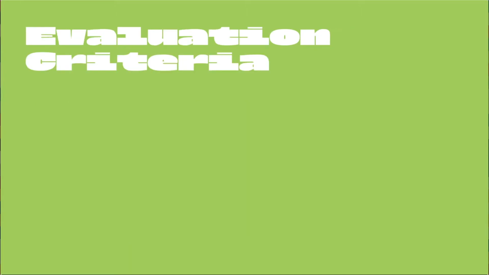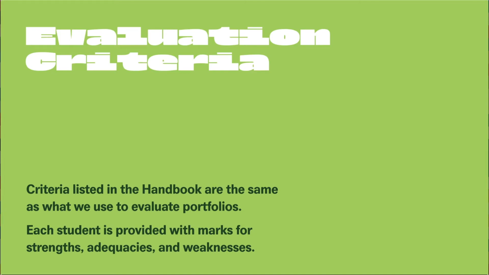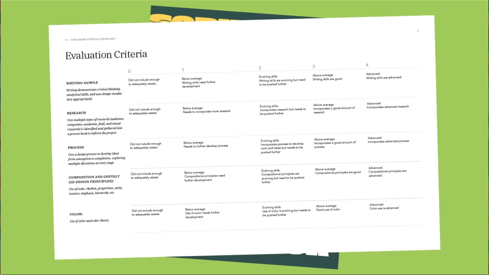So let's talk about evaluation criteria. And this is how we are handling the evaluation portion of it. All this stuff comes directly from the handbook that you'll find on psu.gd/sophomore. This is how those spreads in the handbook are laid out. We've got main headings for the different areas that we're evaluating. Stuff like the writing sample, which has its own evaluation criteria right there.